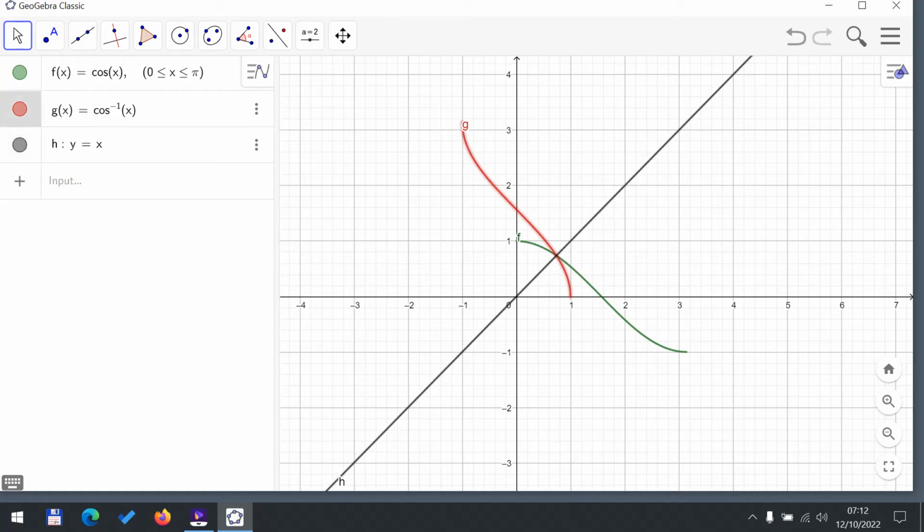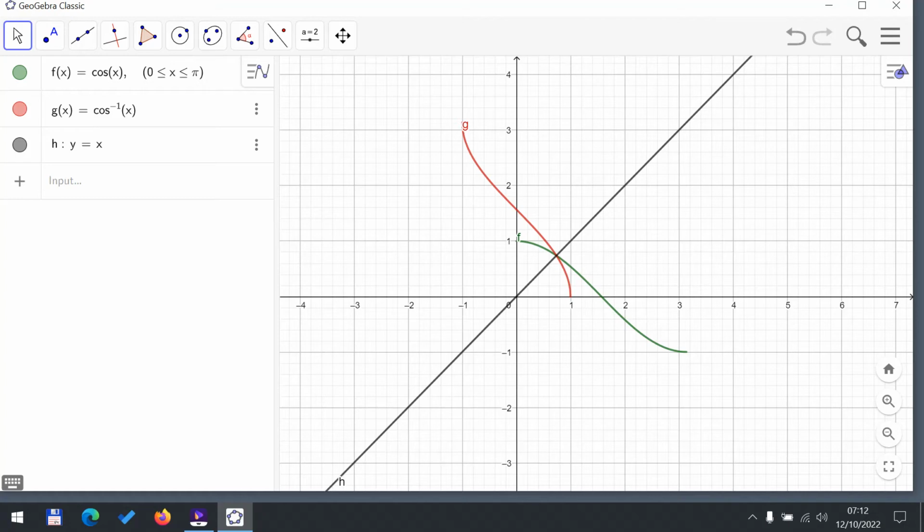And you see here is the reflection. So this gives you a very useful way of understanding why one is the inverse of the other and why you need to limit the domain of a function to make it one-to-one.